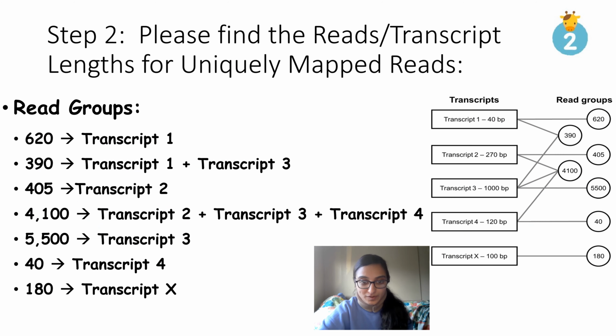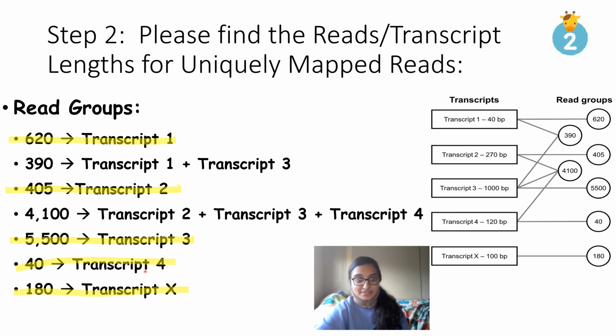Again, this one is the one that had only transcript 1. This one only has transcript 2, 4, 5 has transcript 3, 40 transcript 4, and 180 is transcript X. So those are the reads, or transcript lengths, that are uniquely mapped.